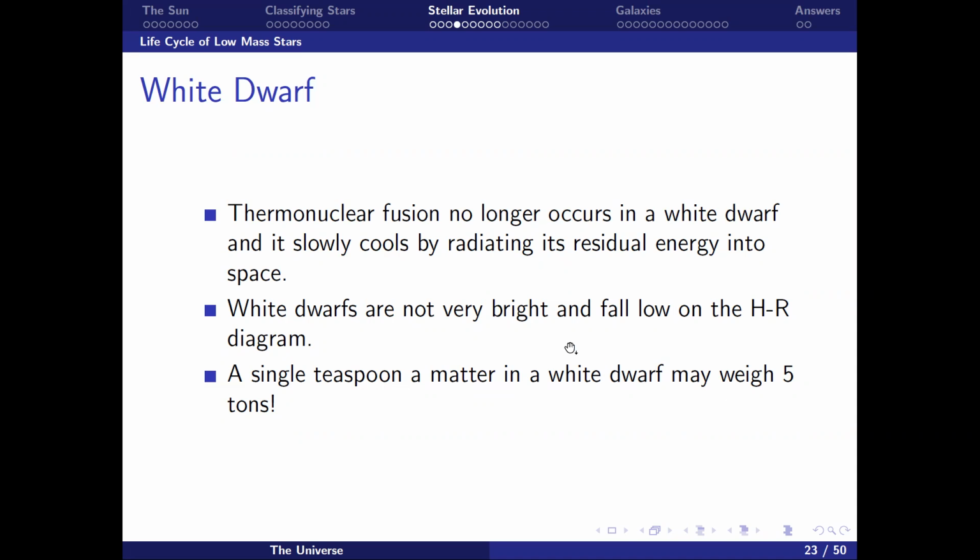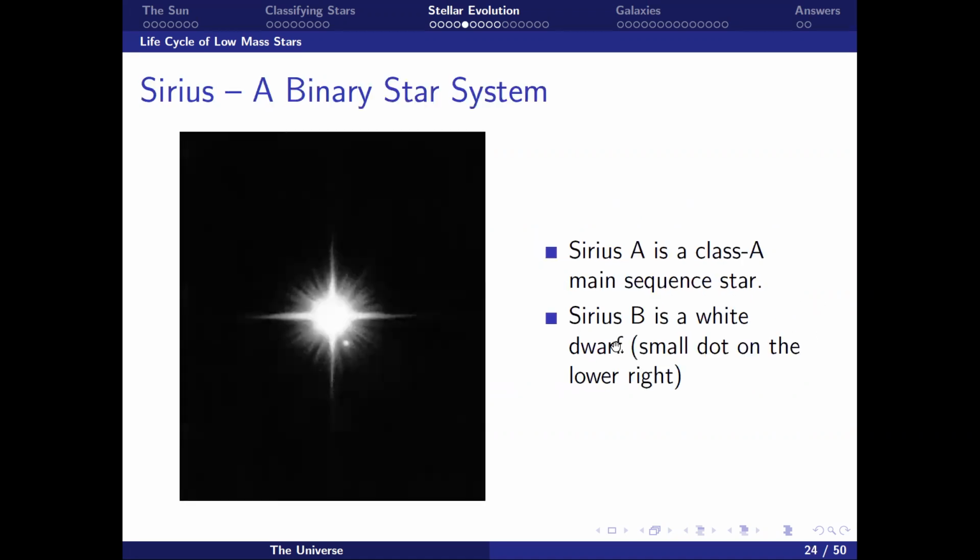Because they're not very bright, they're pretty low on a Hertzsprung-Russell diagram. That's what HR diagram is. So here's a picture of a binary star system, Sirius A and Sirius B. Here is Sirius B. It's a small white dwarf.